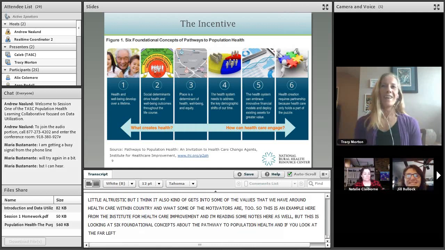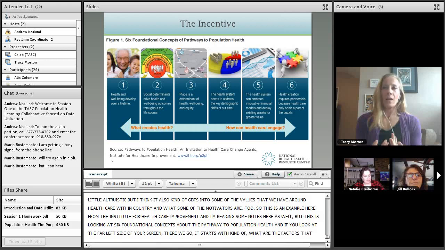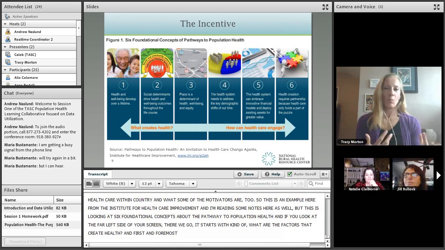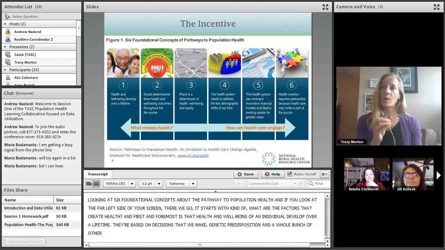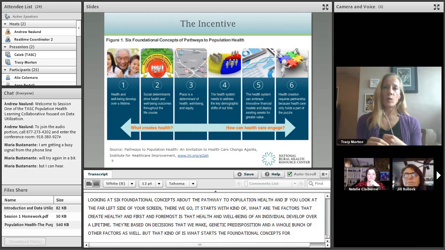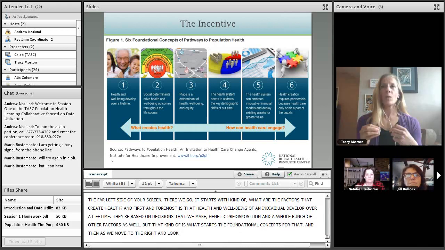So to shift a little bit into incentives, and I talked before as I was opening that I feel like some of this is a little altruistic, but I think it also gets into some of the values that we have around healthcare within our country, and what some of the motivators are too. This is an example from the Institute for Healthcare Improvement, IHI, and it's looking at six foundational concepts about the pathways to population health.